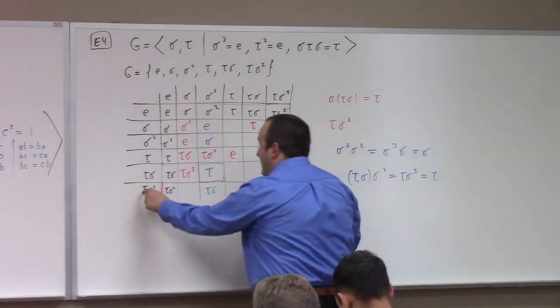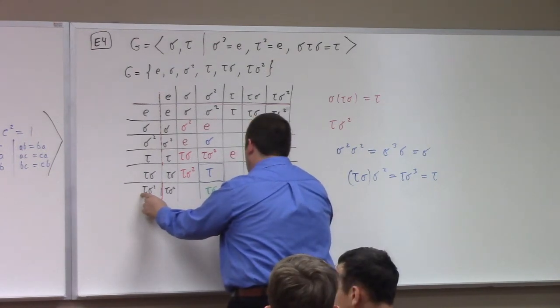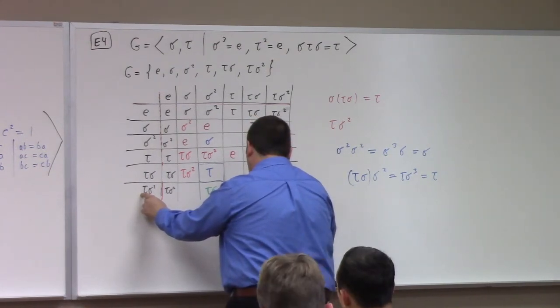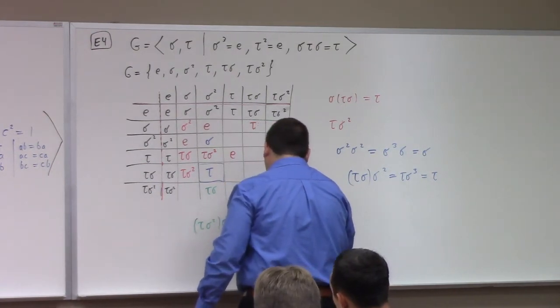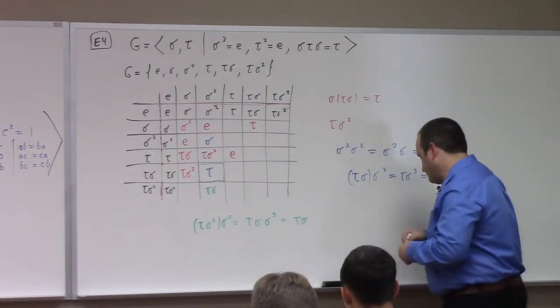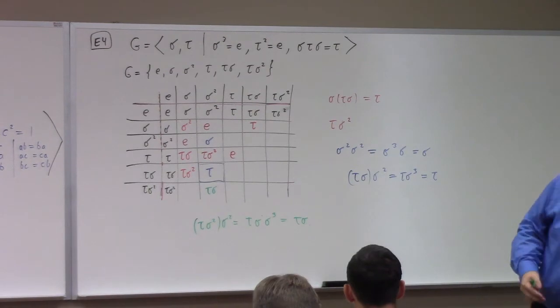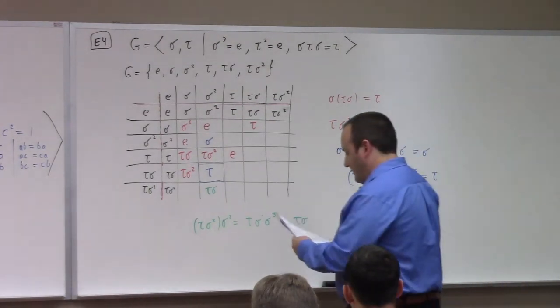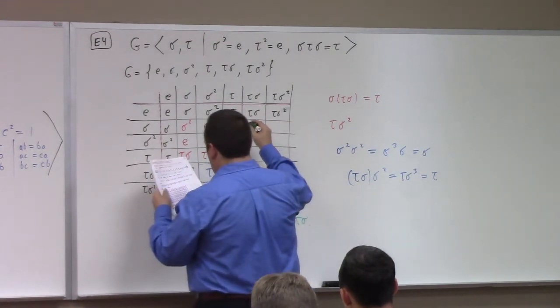So we have tau sigma squared times sigma squared, which is tau sigma cubed, which of course is, as we've figured out, tau sigma. All right. And the story goes on. We can prove the rest of the table.